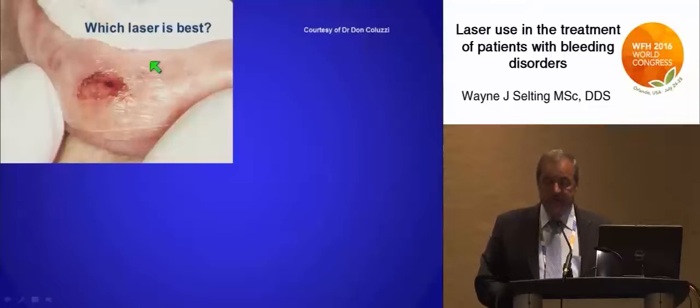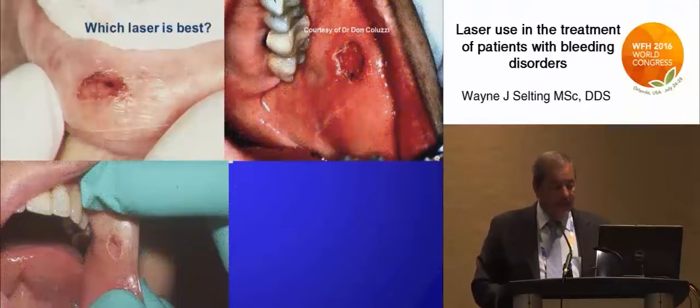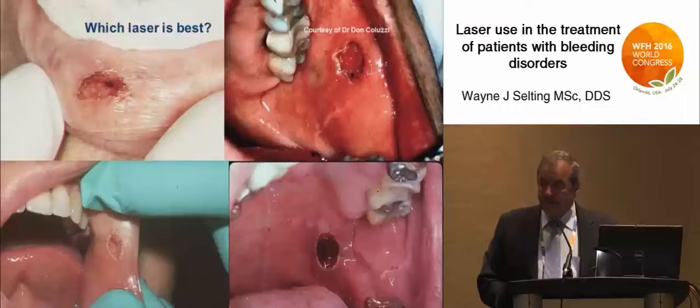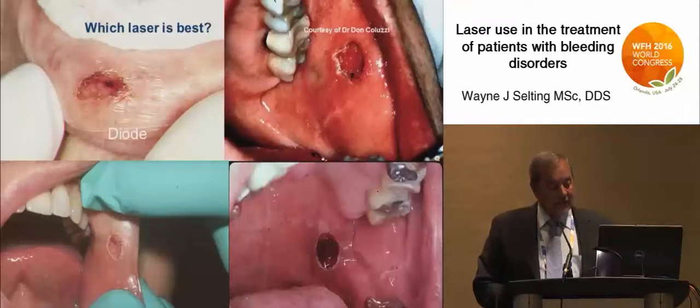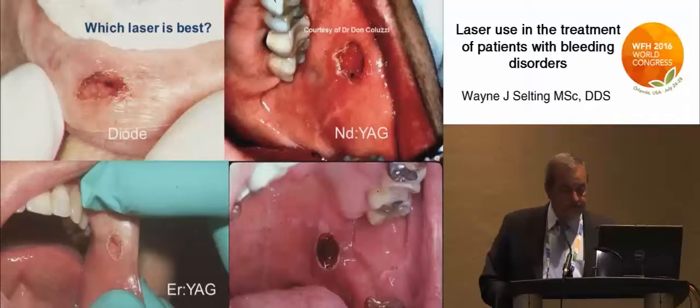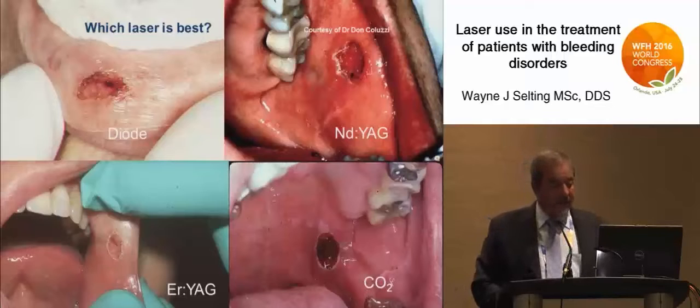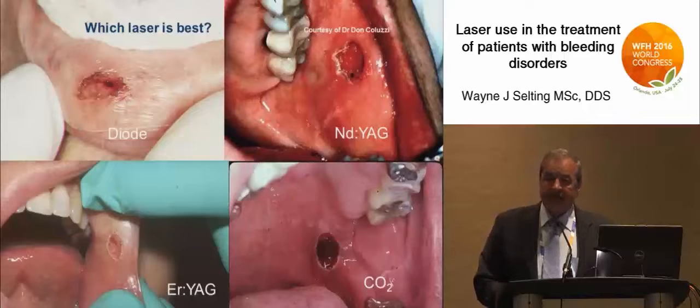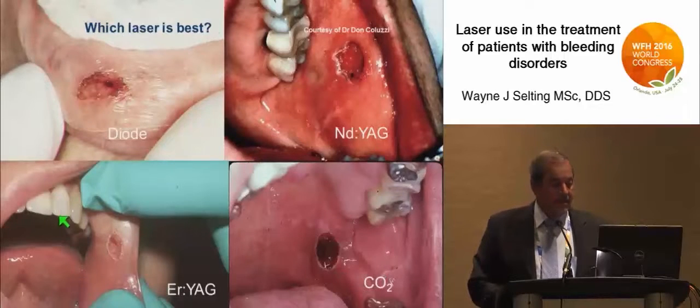So the question becomes, which one of them is best? These are 4 fibromas. That one was removed with a diode, that with an Nd:YAG, an erbium-YAG, and a CO2. Obviously, they all did a decent job of removing it, and if I asked you which is the one that was best, you might immediately look at the erbium-YAG and say, wow, that is nice and clean, there's no carbonization, the tissue looks healthy.